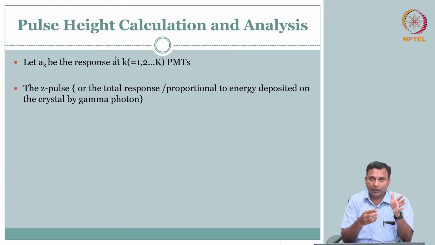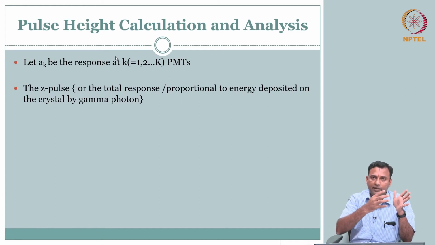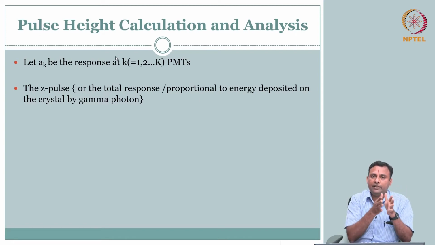If you think about it, I have several photomultiplier tubes. My gamma came, the scintillator converts it to light. What happens to this light? The light is spread, because there is a thickness. So light spreads and hits the photomultiplier tubes. The closest one, or the one straight ahead, will get the maximum intensity.